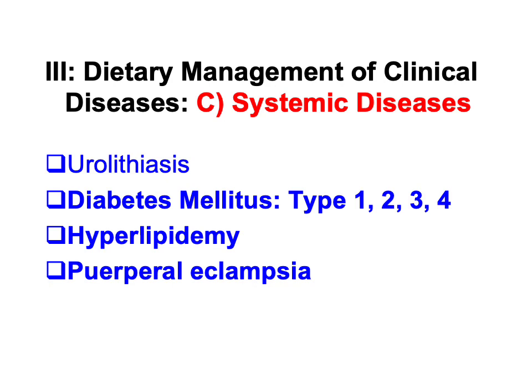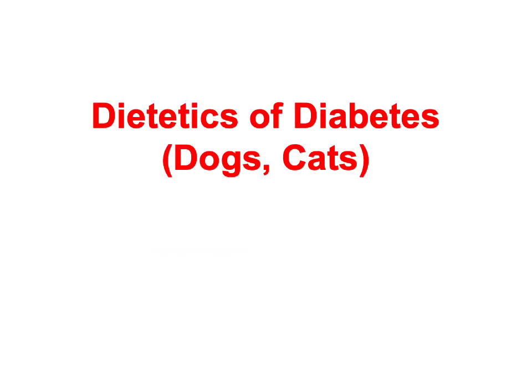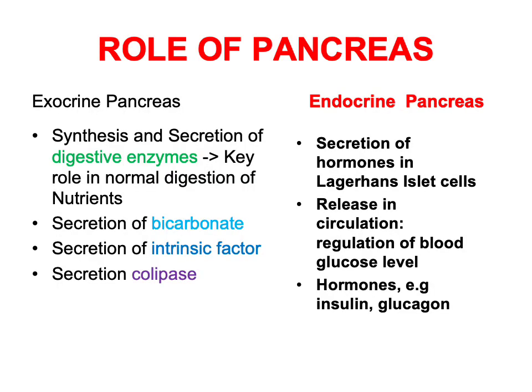the systematic diseases. From the systematic diseases, we have discussed the urolithiasis, and now we'll continue with diabetes, hyperlipidemia, and the puerperal eclampsy. This is a separate question about the diabetes of dog and cat. This slide should be known to you because concerning the exocrine pancreas I have shown it.